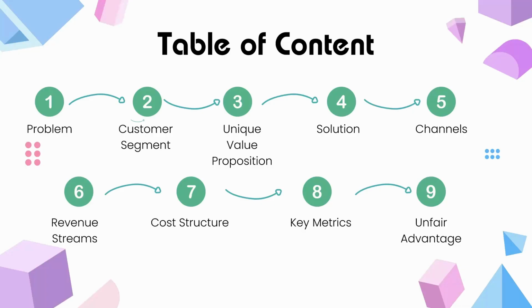From what I can differently build for them, you say this is exactly what I'm building. It can be an application, a website, a product, or hardware. Then you try to bridge the solution to the customer segment. And how you are going to do that is the channels. How you deliver your solution to the customer segments is through the channels.